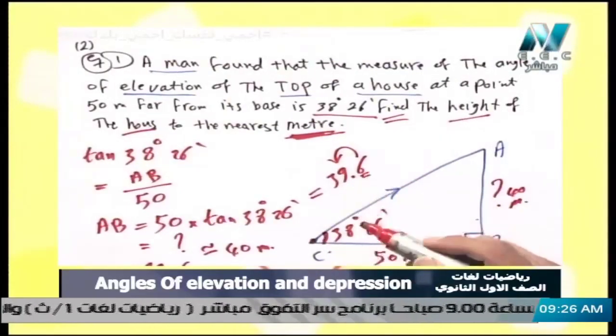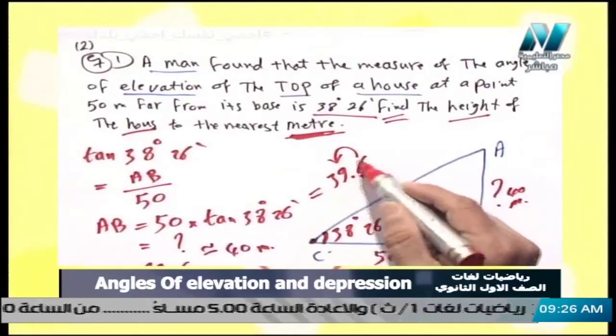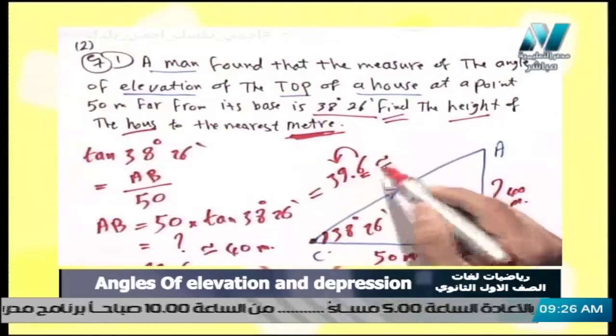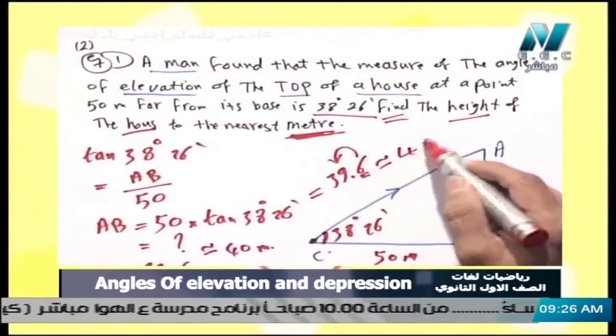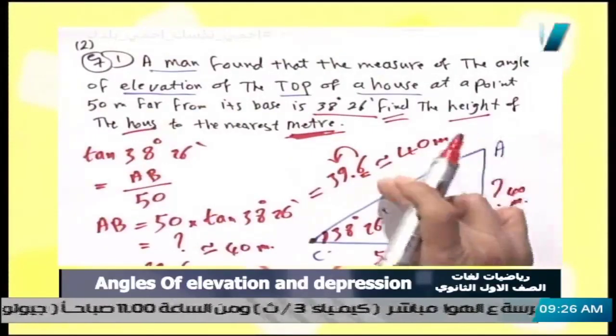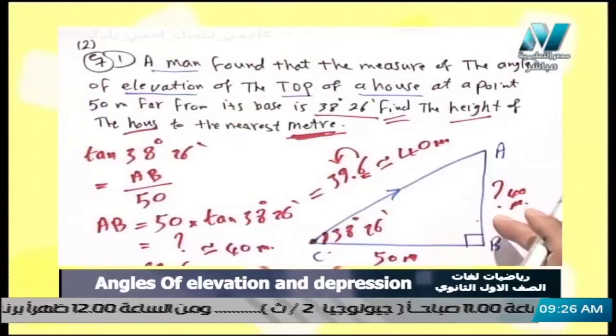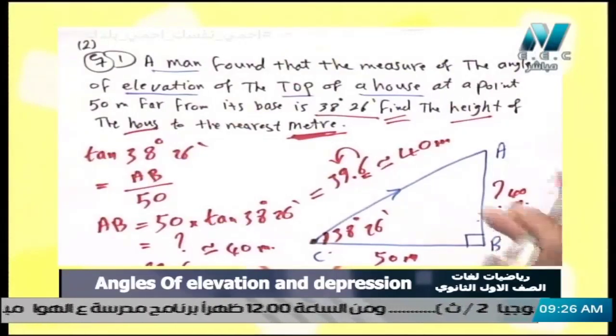If it is 5, 6, 7, 8 or 9, we will add 1, so it is 40 meters. So the height of this house equals 40 meters.